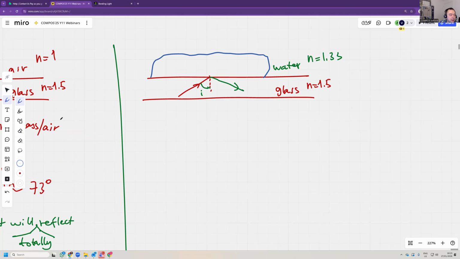And now the critical angle. Sine C is n2 over n1, which is 1.33 over 1.5. Sorry, n2 over n1.